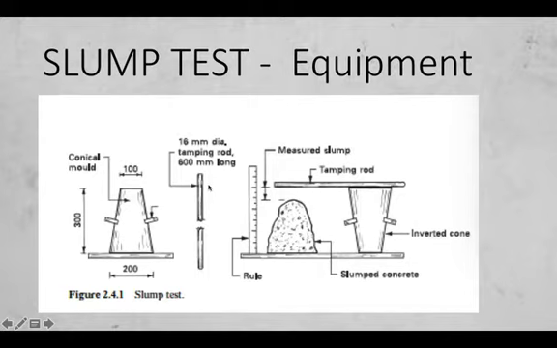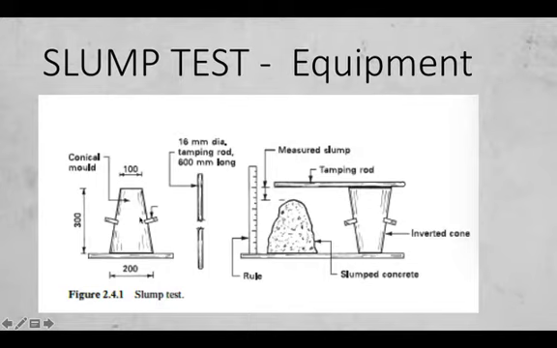We have the tamping rod, which is used to rod the concrete, or tamp it, which means you kind of tap it into the mix. That's what tamping means. And you have the meter rule right here, and this is how you measure the slump. After you pour the concrete in, you do the tamping process.